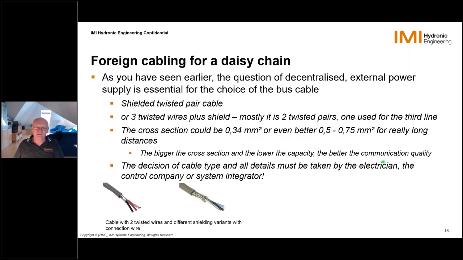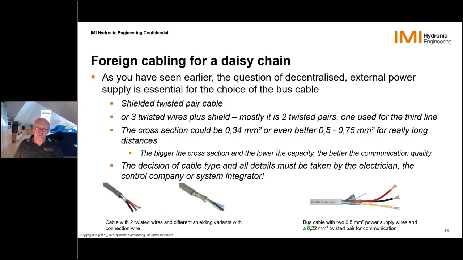When you have really long distances, shielding is very important, because the cable is running through a plant, and when you have problems from the mains or from frequency converters and so on, the shield should keep this away from the signal cable. And as you see, there is already a third wire, but this is not the third wire we need. This is the connection cable for the shielding. Not all cables have these connection wires running in parallel.